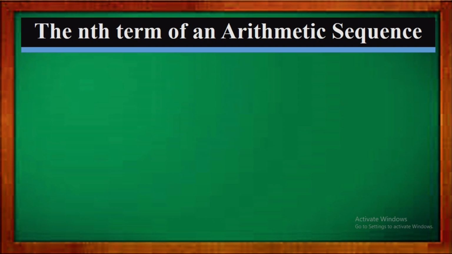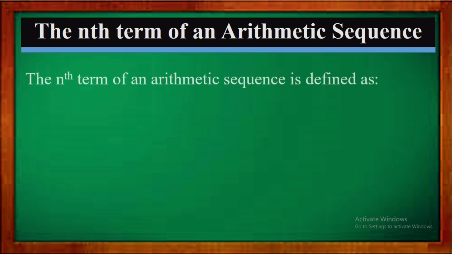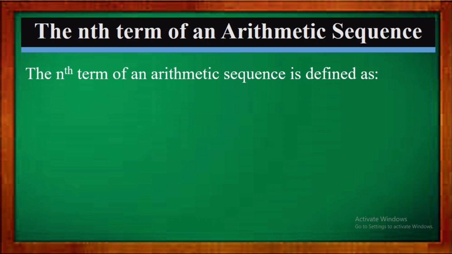Okay, let us now move on to finding the nth term of an arithmetic sequence. The formula for getting the nth term of an arithmetic sequence is defined as this.